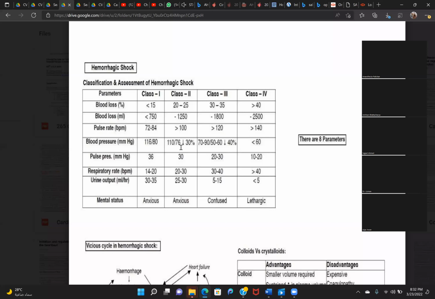That will determine the allowable blood loss for that patient, and you will respond accordingly. You will be assessing according to parameters like pulse rate, blood pressure, and then the mental status parameters. Usually if it is class 3 and class 4, they definitely need blood transfusion. In a normal patient, class 1 and class 2 will be compensated.